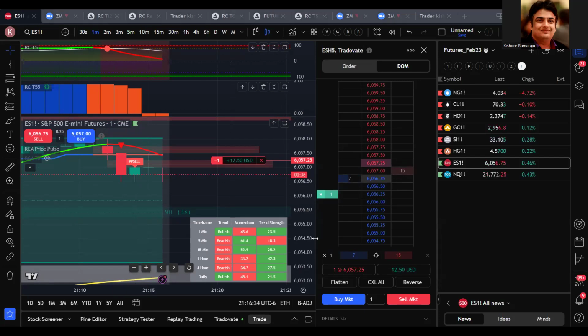So NQ is also dropping. ES is also dropping. Crude oil also will drop.